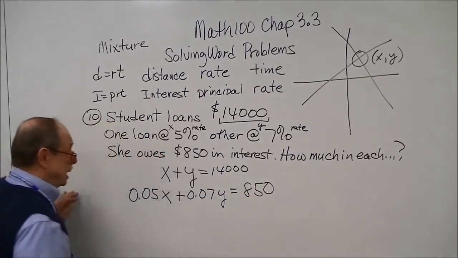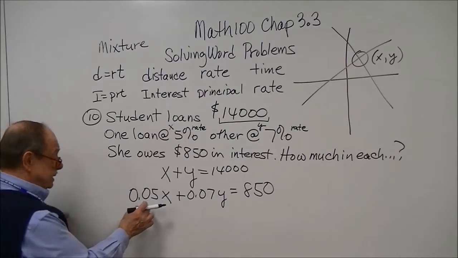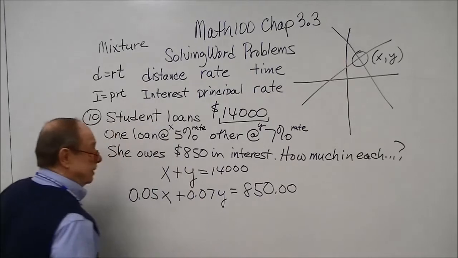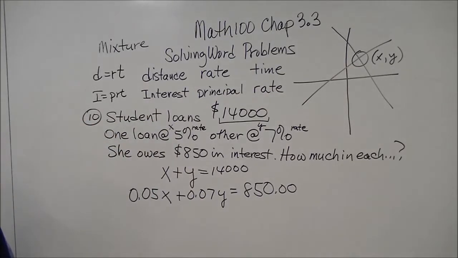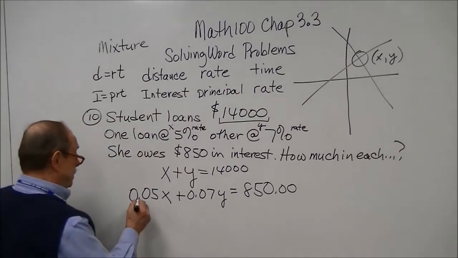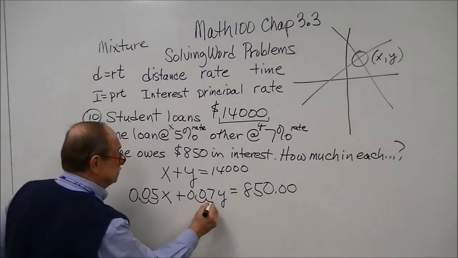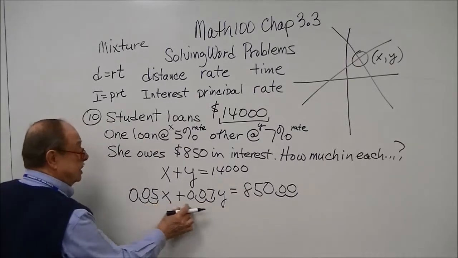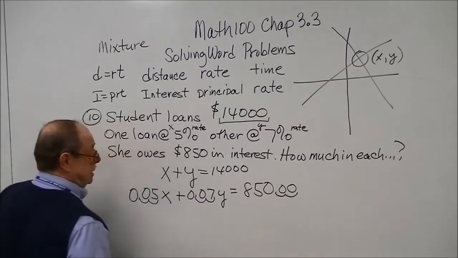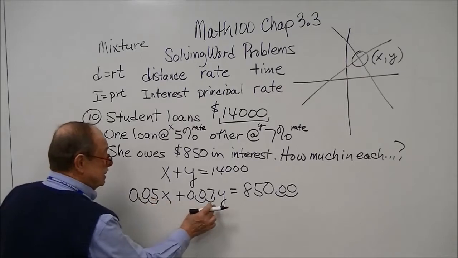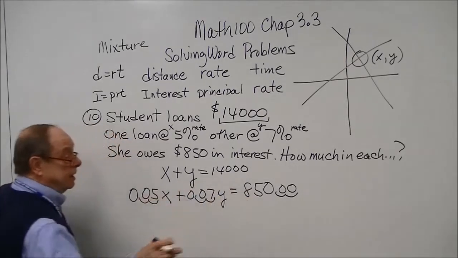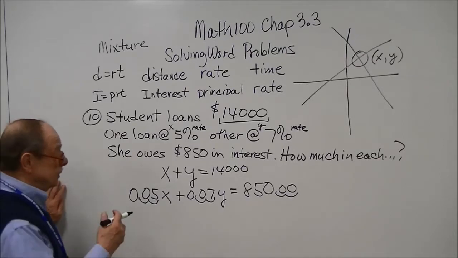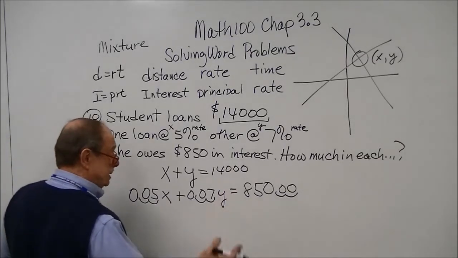850. But since we have decimal places here, we have to put our decimal places there as well. Because I think the first thing you want to do is to get rid of all our decimals. Now I put them in decimal form because I had to do this. Because if you just said 5x and 7y is 850, that is incorrect. So now that you've eliminated all the decimals, it's easier to work.